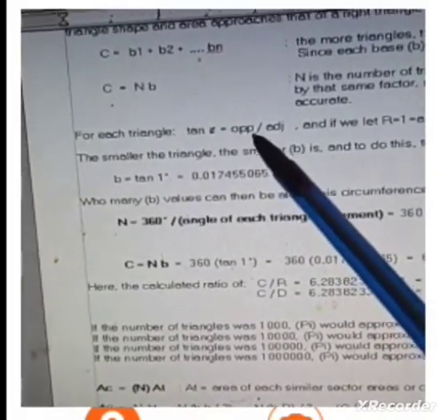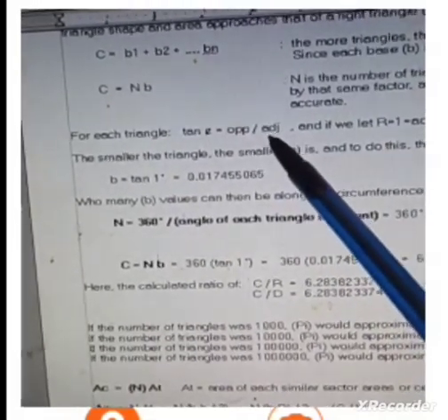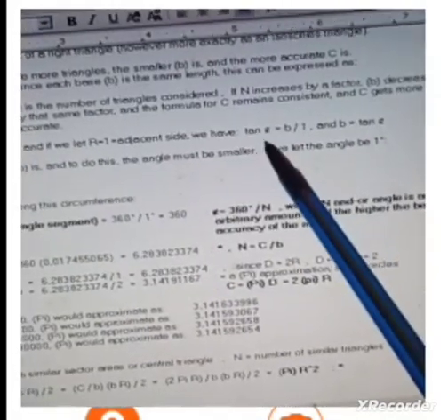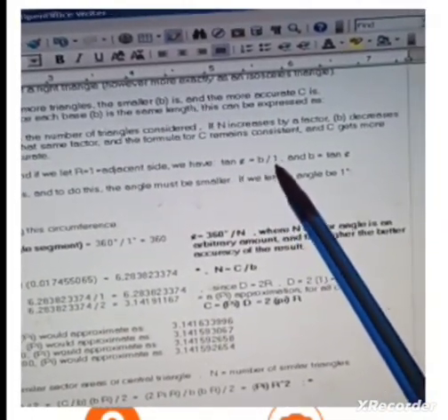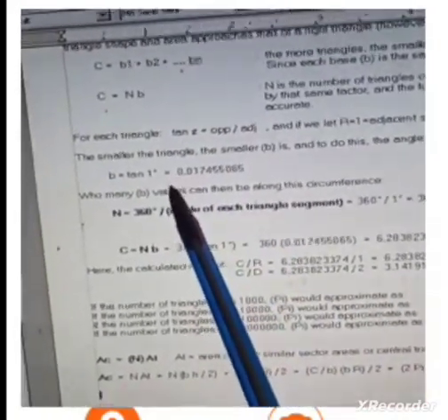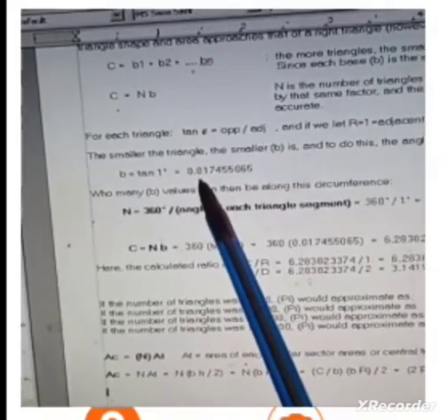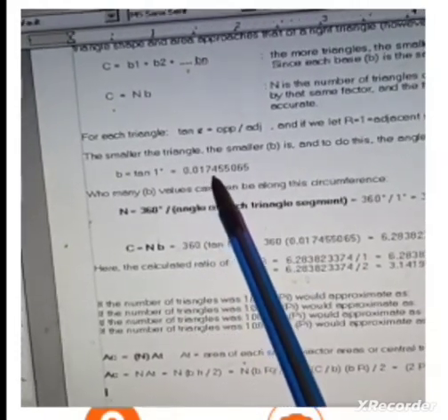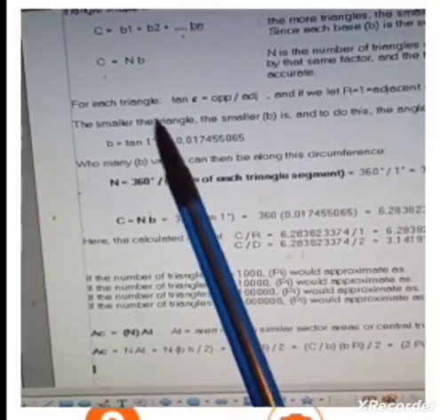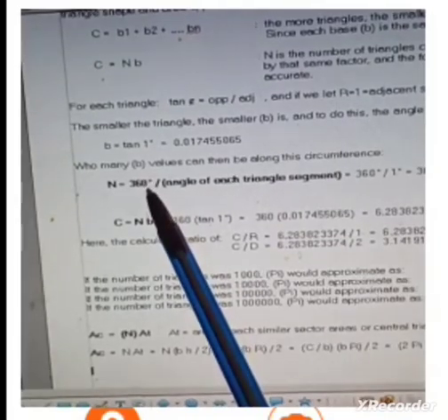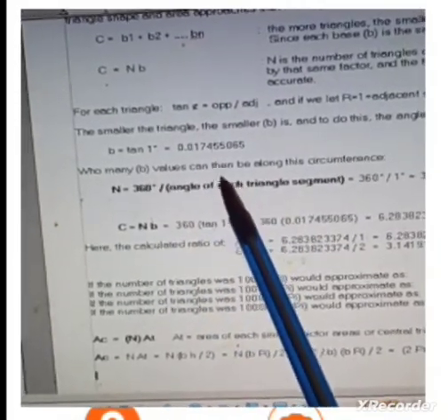For each triangle, the tangent of the angle is the opposite side divided by the adjacent side. Since the adjacent side is the radius, we have B divided by 1, and B equals the tangent of the angle. So if the angle is 1 degree, we have this value, 0.017, etc. How many B values can be along the circumference?